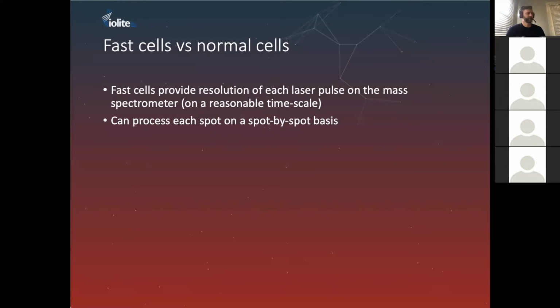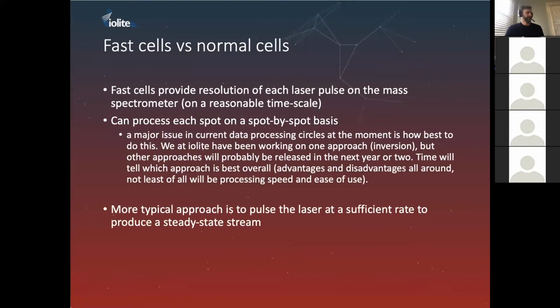In the past, we've been using this steady state stream approach, which is where you fire the laser. If you were to fire the laser on a standard glass, you'd get pretty much a standard steady state signal. Whereas with these fast spots, they wash in and out so fast that we don't have a steady signal.